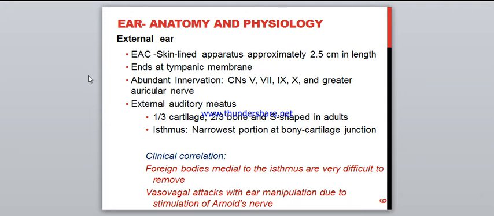It has different nerves that supply the external ear, usually cranial nerves 5, 7, 9 and 10, as well as the greater auricular nerve.